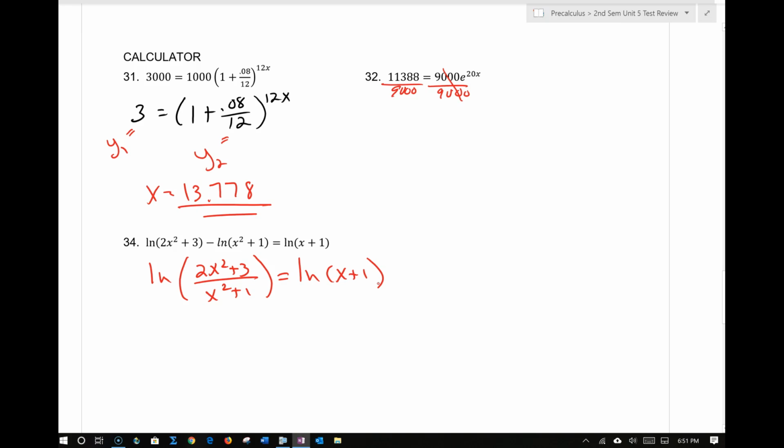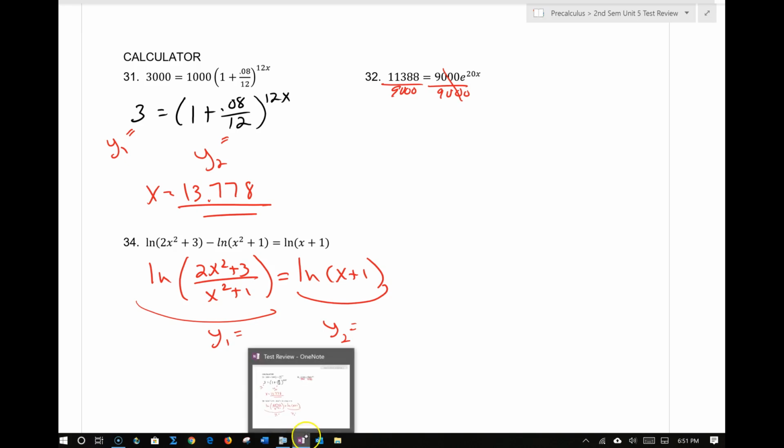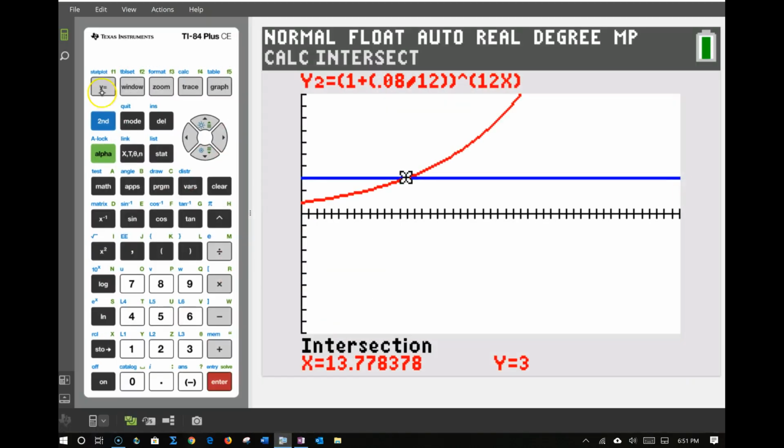But either way, guys, you can literally let this whole thing be y1, let this whole thing be y2, and set it up. So let's go back to your calculators. I'm just running down on my computer real quick what I needed. Okay, let's go to y equals.